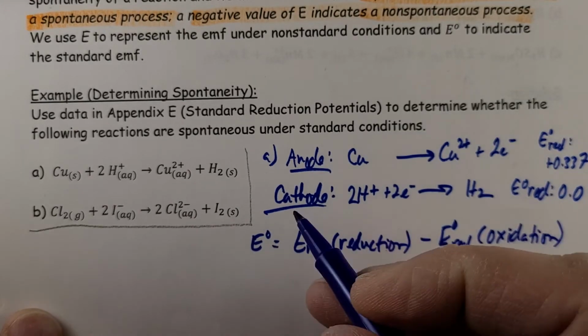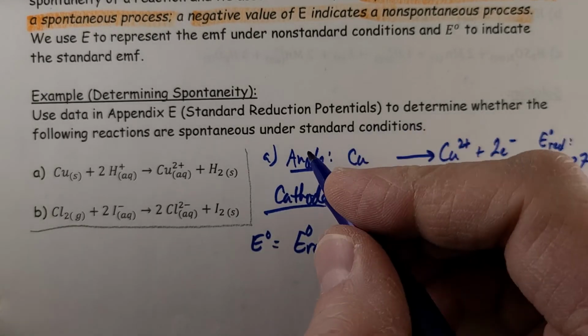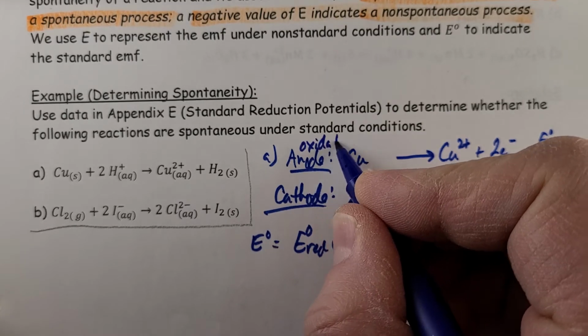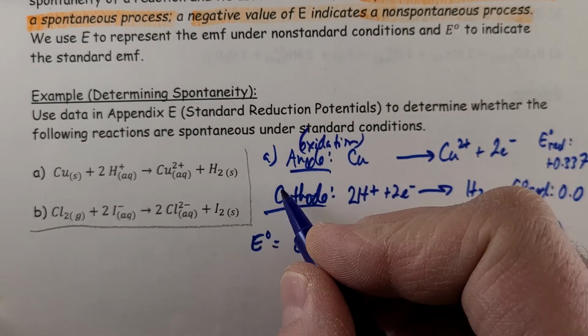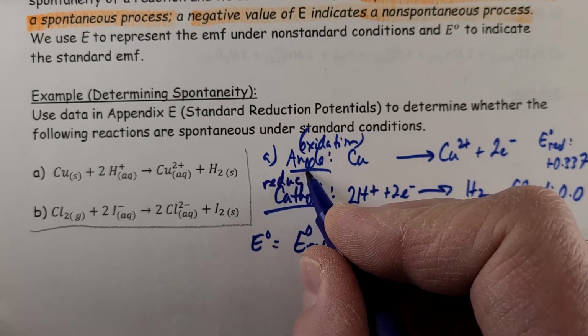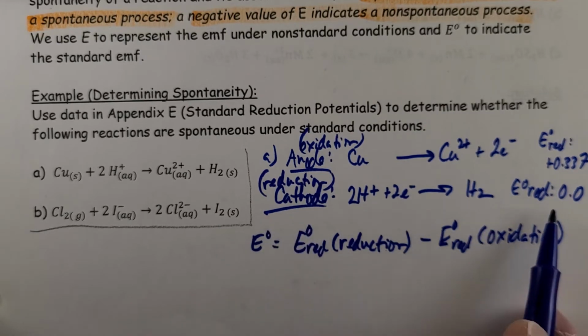And of course we had this, maybe I shouldn't have, so at the anode, of course, that's where we have oxidation. Maybe instead of talking about the anode and cathode, I should have talked about oxidation and reduction. All right, so reduction will be 0.